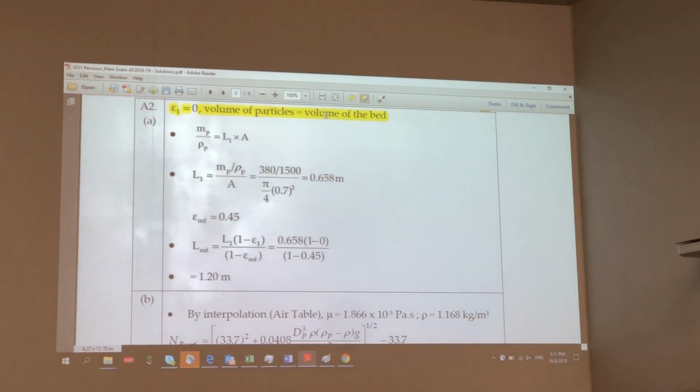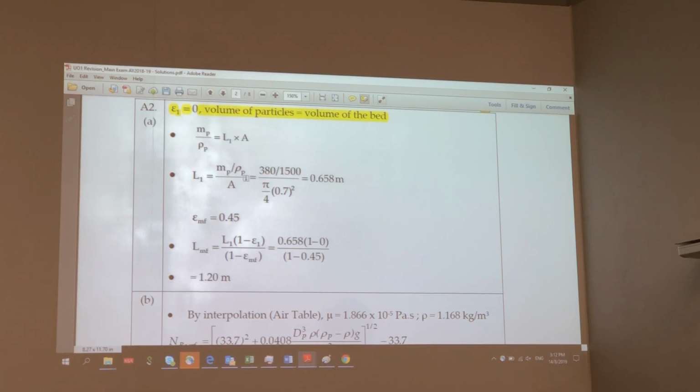Are you all following this? This one you have to memorize, everybody. When you write this side, the mass over density is actually the volume of all particles, correct? Then the other side, the height times the cross-sectional area, is actually the volume of the column.